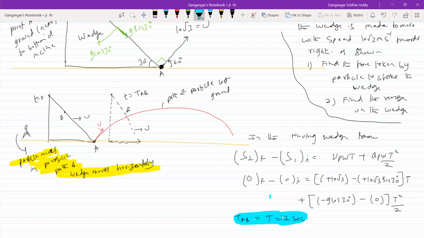Okay, now find the range on the wedge. It's asking the distance AB, range along the incline, in the moving wedge frame. So here we applied this formula perpendicular to the incline, no? No, parallel to the incline we will apply it.